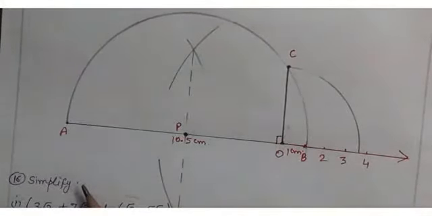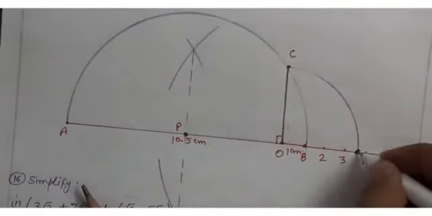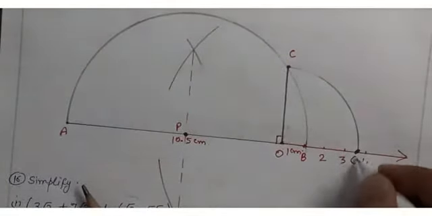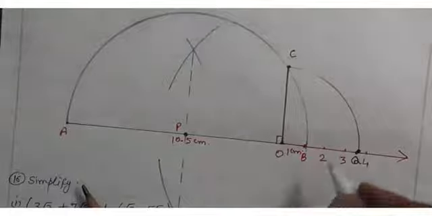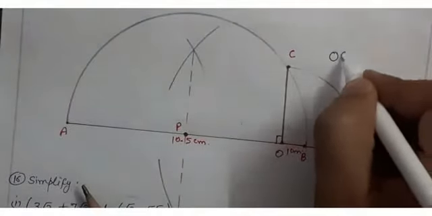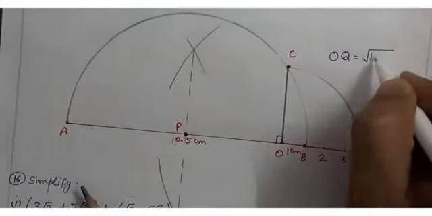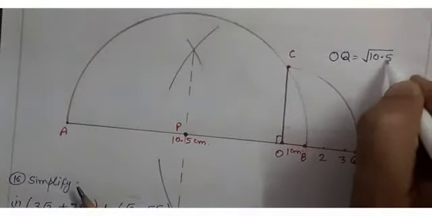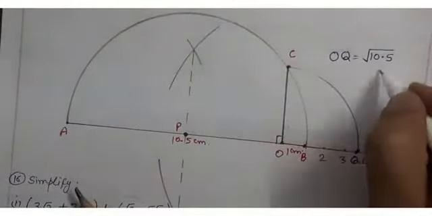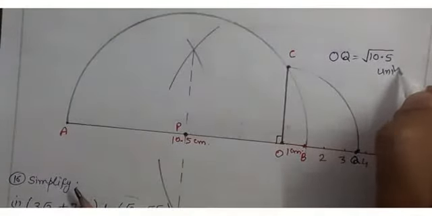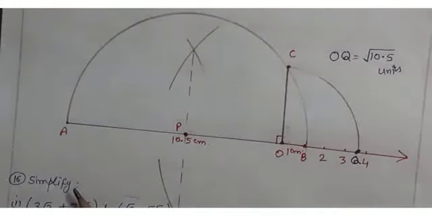This point is Q. Then the OQ distance is representing under root 10.5 units on the number line.